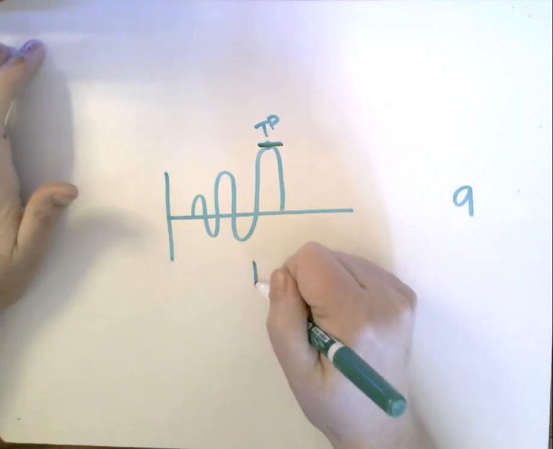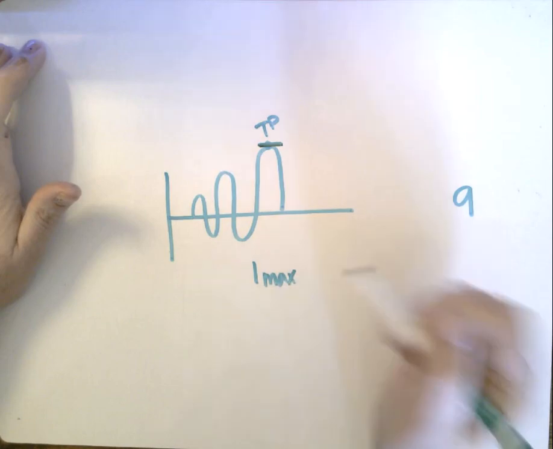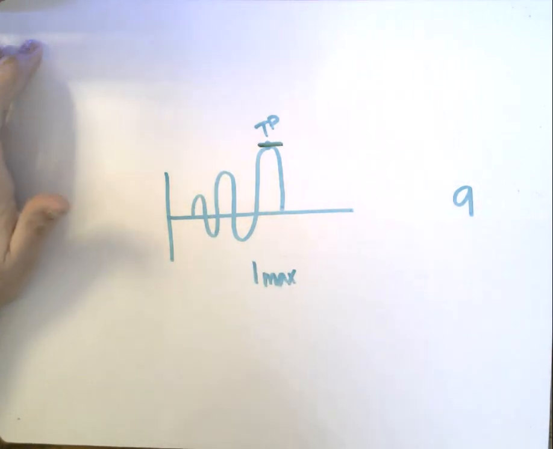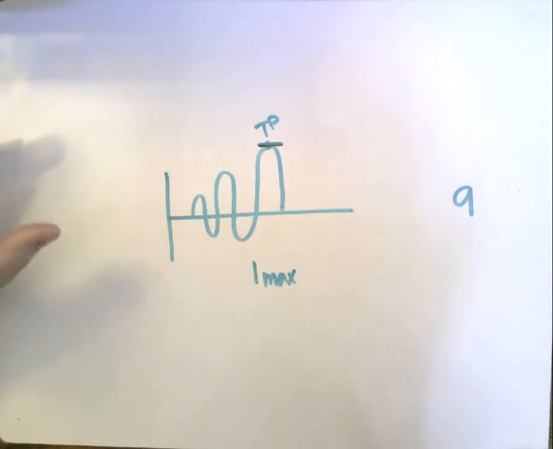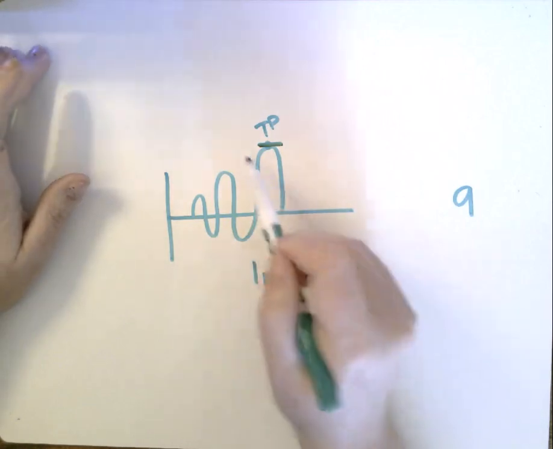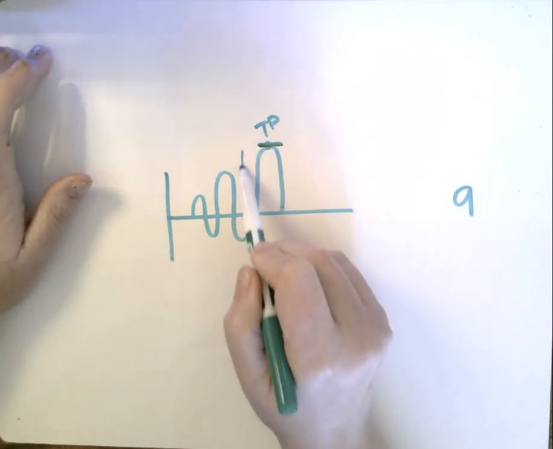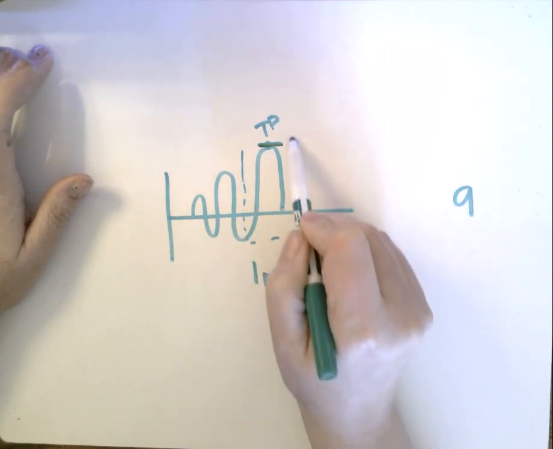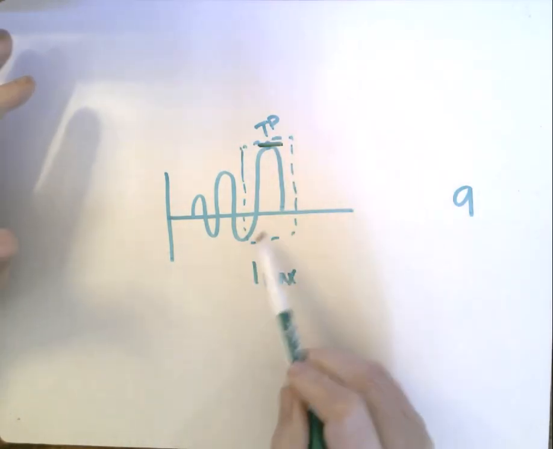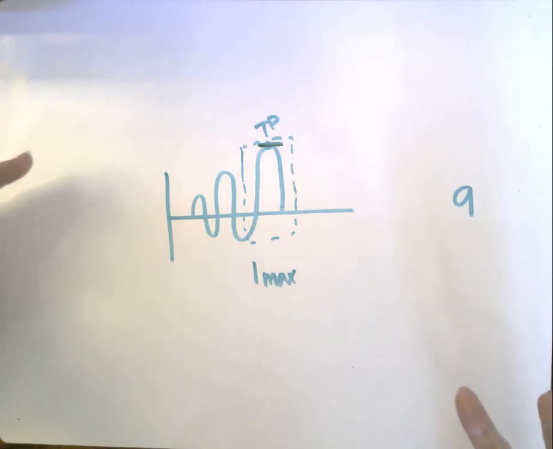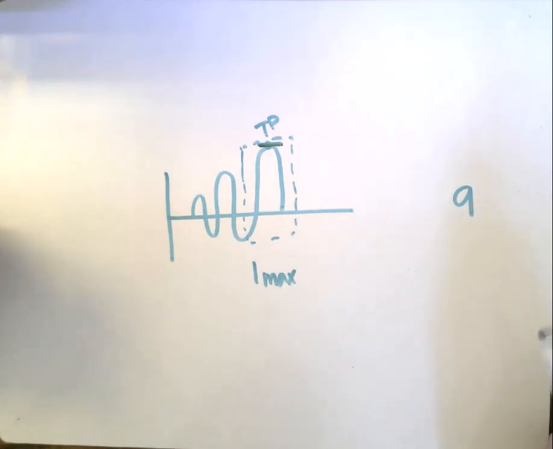What the intensity max is looking at is where in this pulse are we getting the most intensity. So that would definitely include the temporal peak time, and maybe it's kind of like this area here. That's going to be our max area because that's where we're seeing the most amount of intensity.